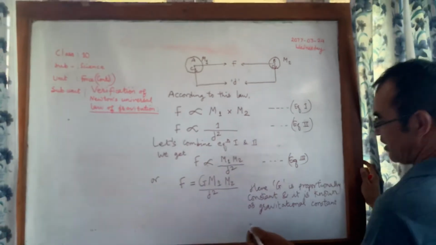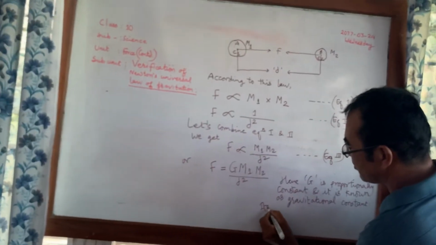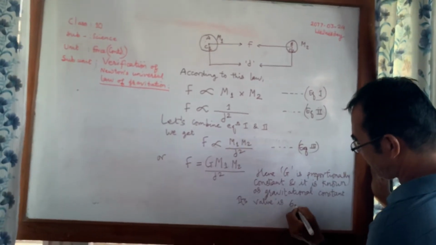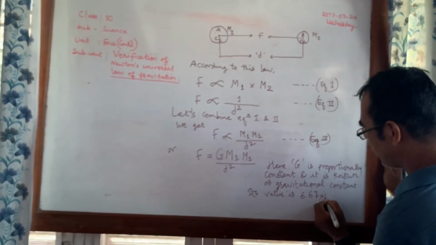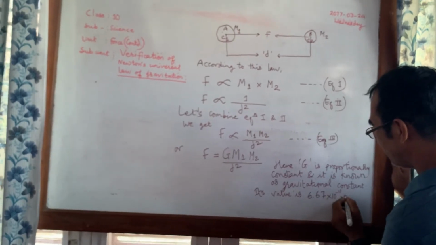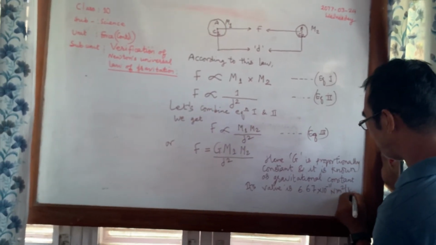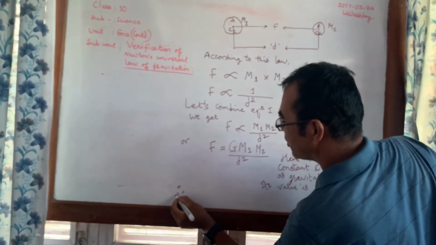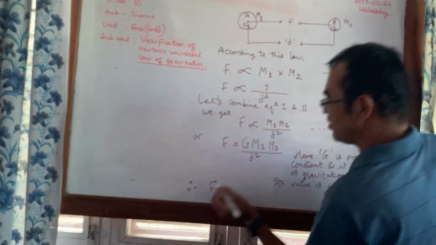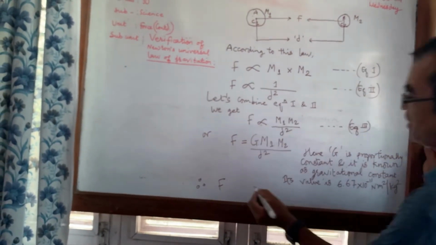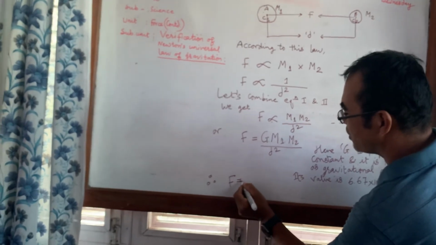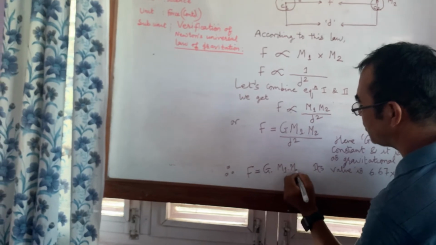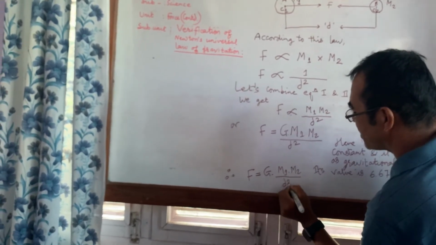Its value is 6.67 into 10 to the power minus 11 Newton meter square per kg square. Therefore, F, the gravitational force, is equal to capital G m1 times m2 upon d square.